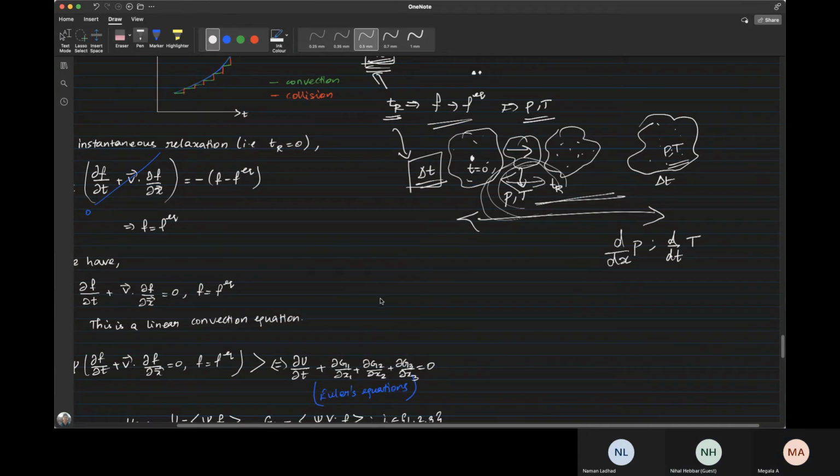And only for such systems can we make this assumption. Only for such systems are the macroscopic conservation laws valid. Otherwise, we need to go for a microscopic description, at least a statistical description.